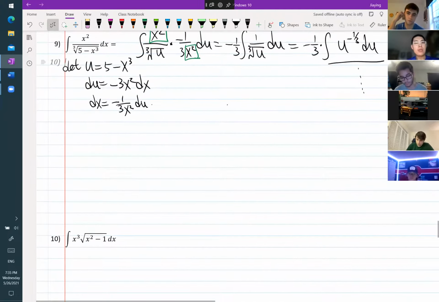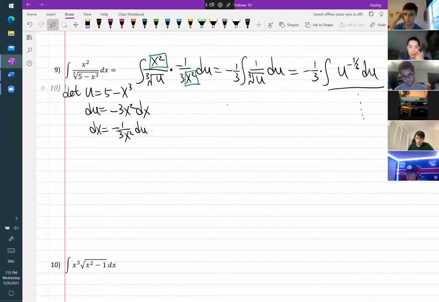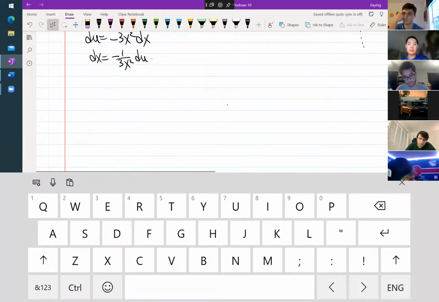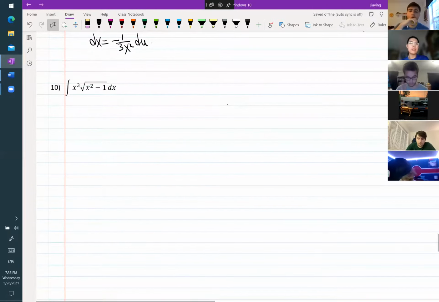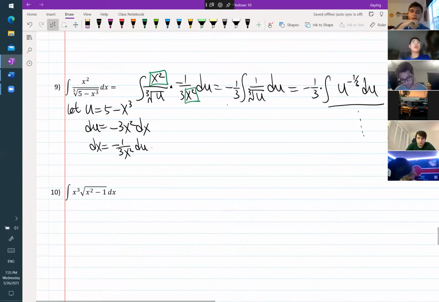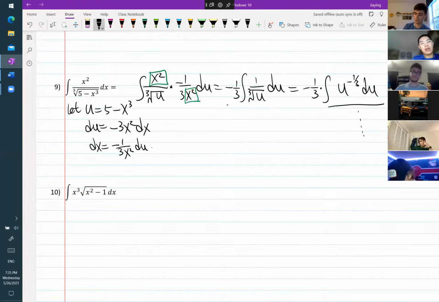I really want to go through number 10 because that's an example that's a little bit different from what we have seen before. I just want to put it side by side with number 9 so you can compare it. Remember I said earlier, you have to look at it and see if one part is a derivative of the other part.